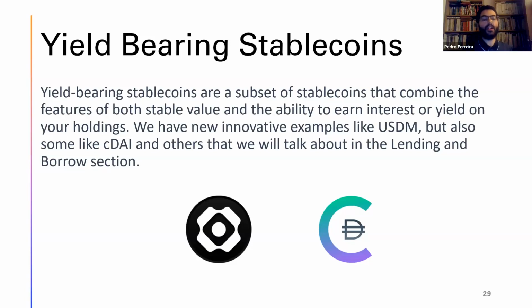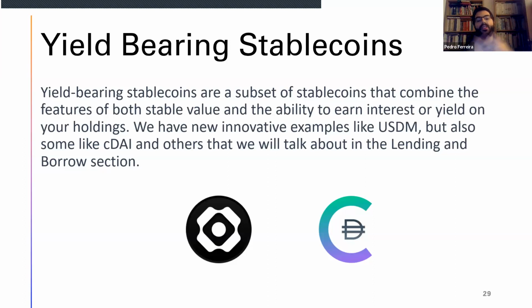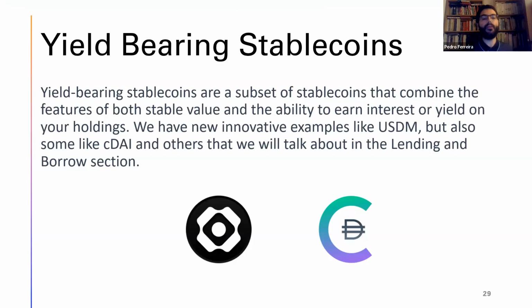So instead of having Circle winning the money, there are some currencies like USDM, which is a stablecoin that allows you to receive some yield over the assets that you have. And you also have CDAI, which is also a stablecoin, but a representative of a lending asset that you have.